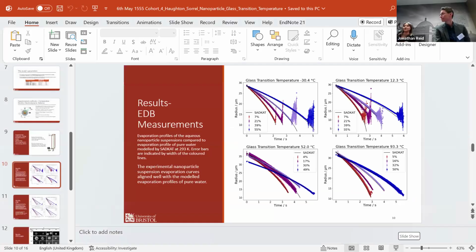Oh, it's a change of drying rate. Yeah, I have looked at this, and I think they do lock at a higher radius if they're drying much faster, because they don't have time to assemble in the same way. But yes, I have looked at that. I haven't got the results in. Okay, great, thank you very much.